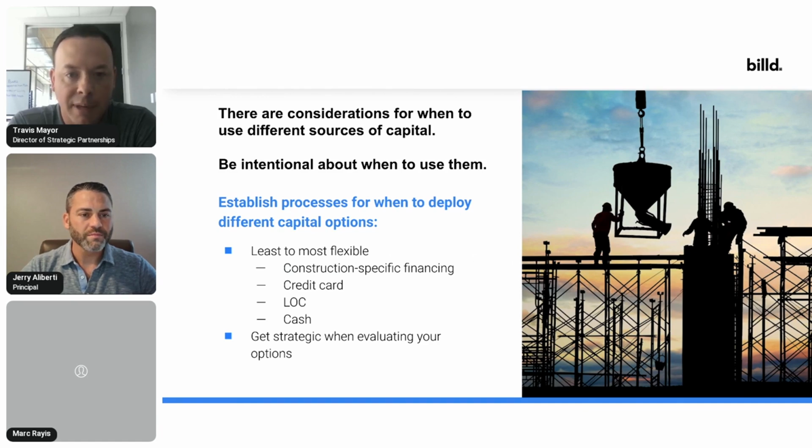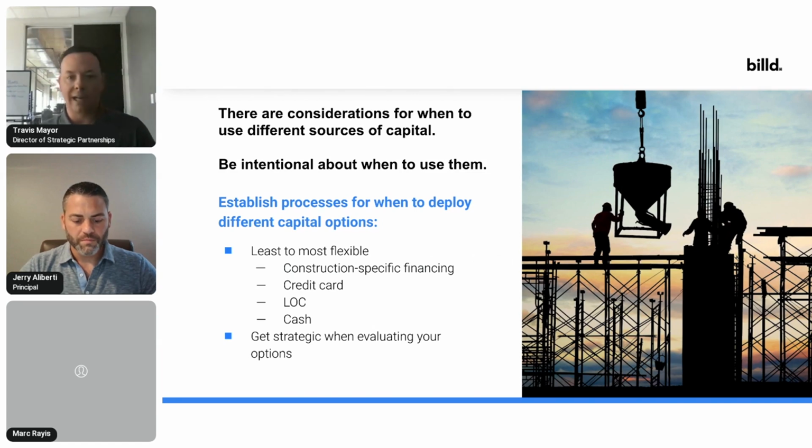So being intentional about when you use your options and having systems and processes in place within the business, both at the project level and the overall operating level, really goes a long way to ensuring that options outside of cash are good debt options. So establishing processes for when to deploy different capital options, right?